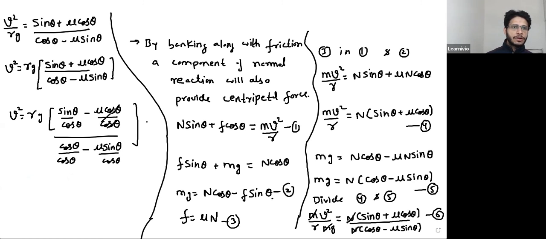So cos theta by cos theta is 1, cos theta by cos theta is 1.